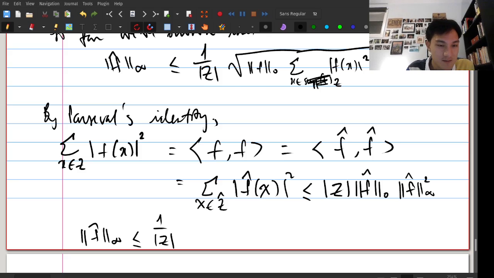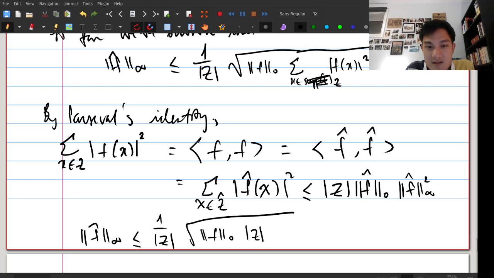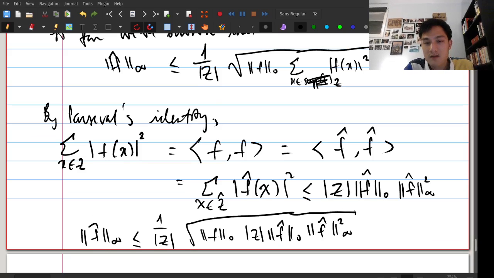I hope that's right. Okay. Now, 1 over z square root f. Okay, now we have z, we have an f hat, and we have an f hat squared, the L infinity.